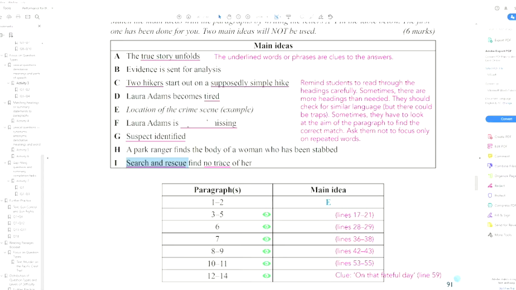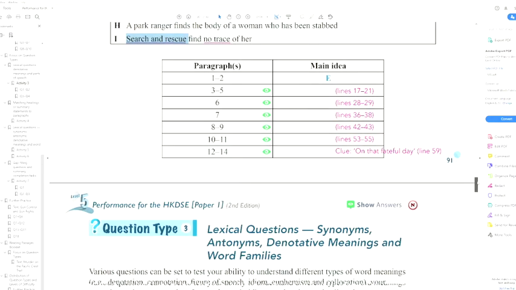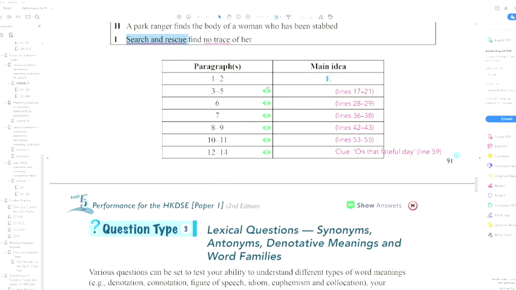They can't find a bicycle, a camping bag, anything. So here, I can go ahead and give you the answers. On that fateful day would mean the day that it happens, the important day, fate. It was destiny. It was supposed to happen.